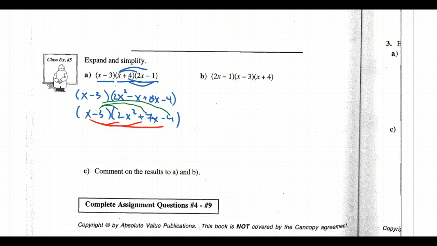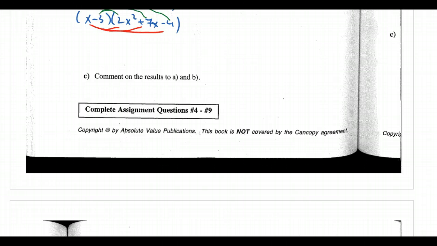Here we go. Okay, we have 2x cubed plus 7x squared minus 4x. Now the next one, the green part, minus 6x squared minus 21x plus 12.